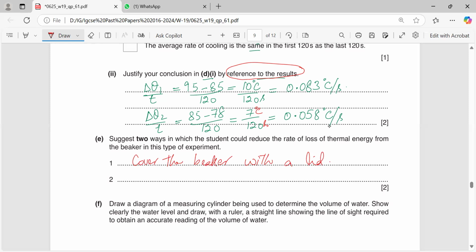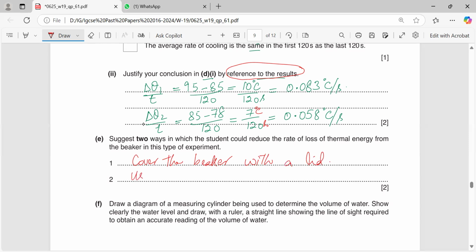When there is a lid at the top of the beaker, the rate of heat loss, thermal energy loss to the surroundings, will be reduced by convection and radiation.